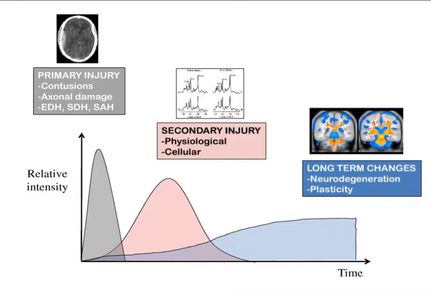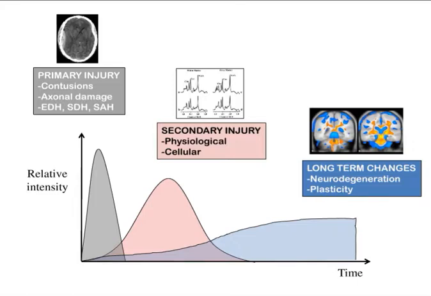So this primary injury can be very well characterized using imaging, principally, at least with respect to contusions and extra-axial hematomas, CT scan is the modality of choice. Now, with respect to the diffuse axonal injury, it's very likely that CT scan is not sensitive or specific enough, and here is where the MRI is becoming increasingly recognized as the diagnostic test of choice.